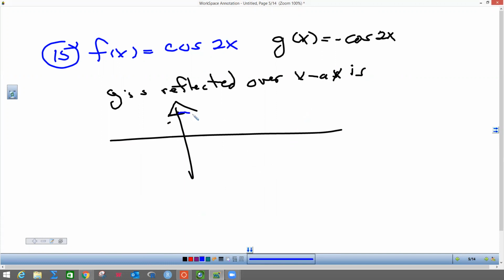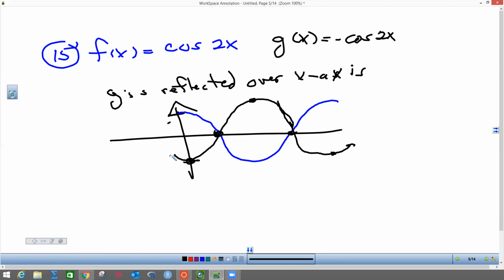So this negative would take this and reflect it down to the minimum, and then it would hit a 0, then a maximum, then a 0, then a minimum. So this graph would look like this. It reflects the blue graph across the x-axis.